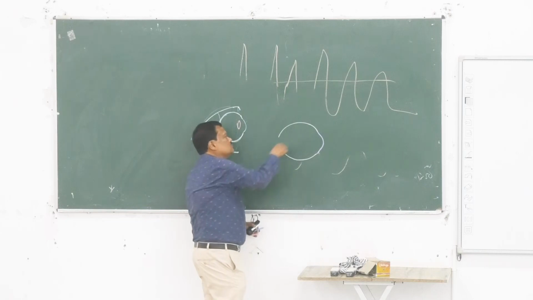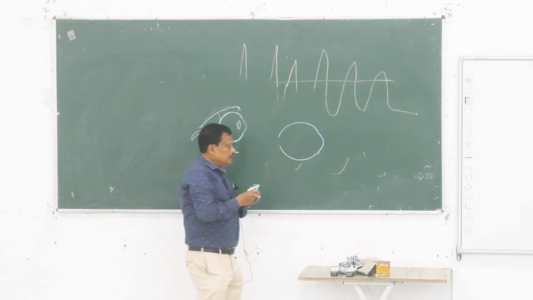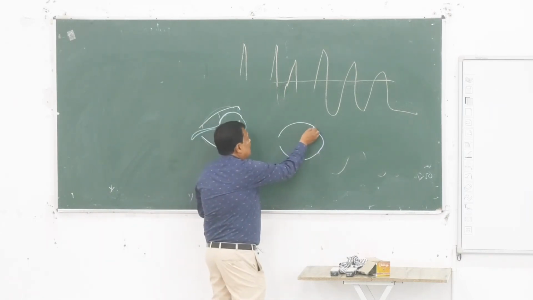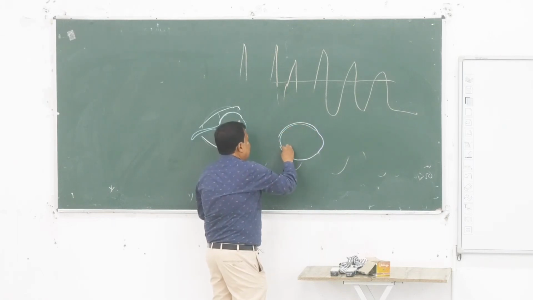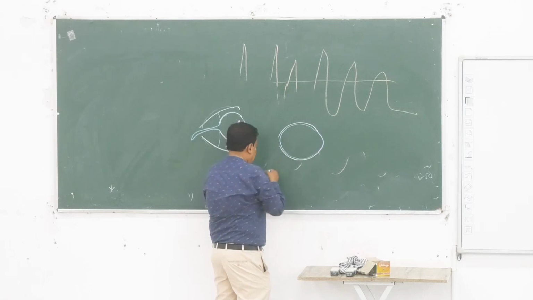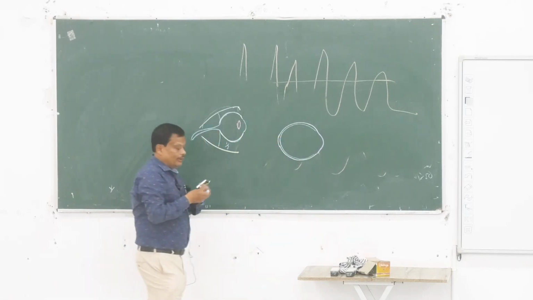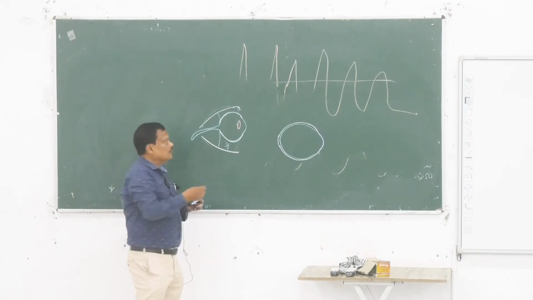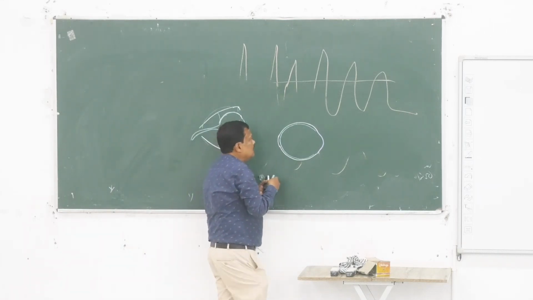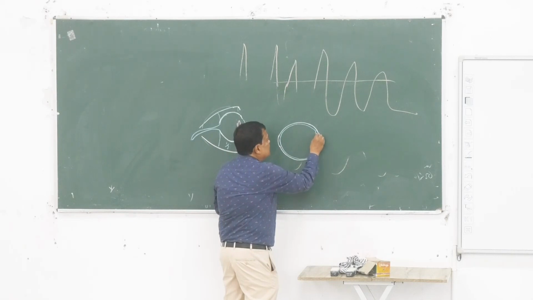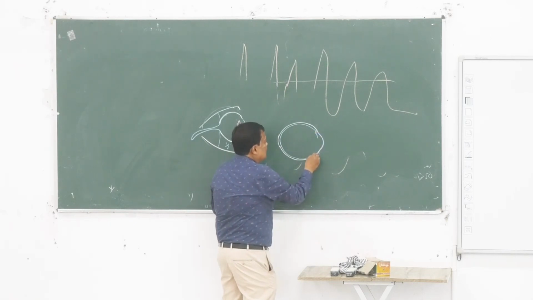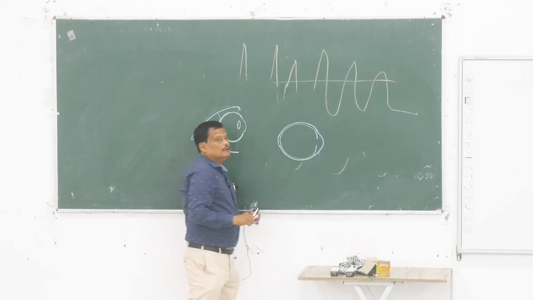And the curvature is not the same. The inner coat is black, and we call it choroid. Choroid is anteriorly continuous with the ciliary process, then the iris, the color of the eye.